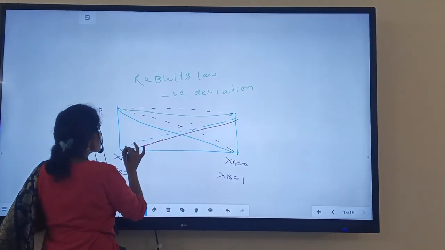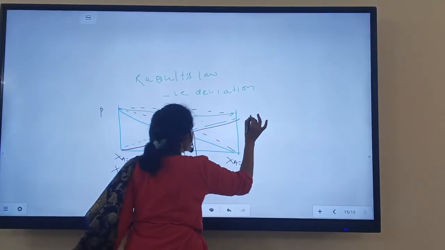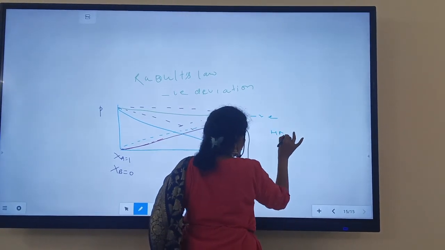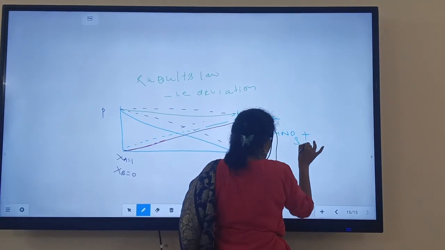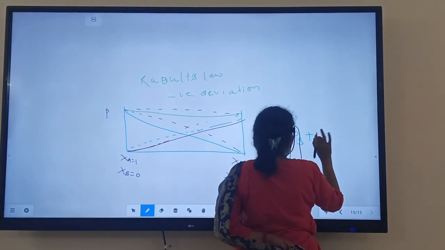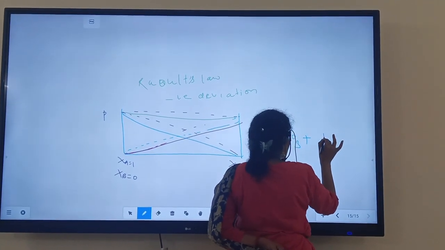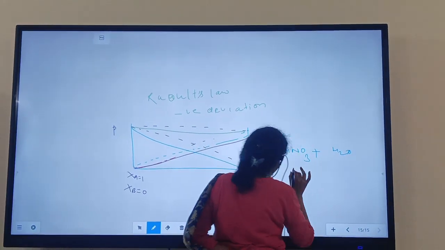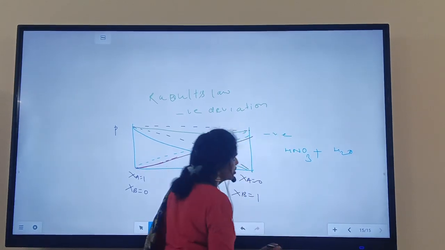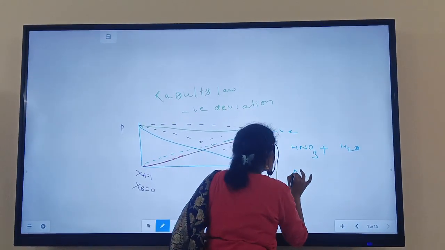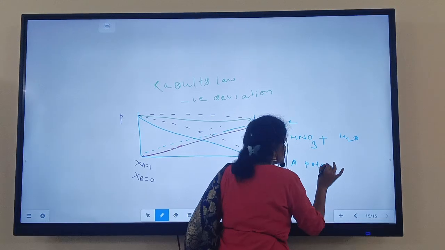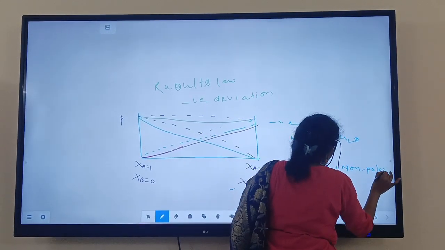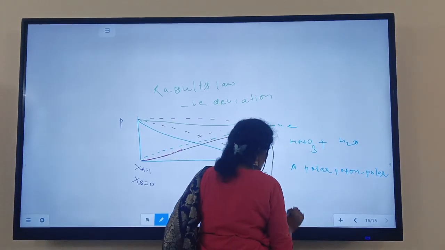From below. Okay, this is for negative deviation. Acid solution with any one form like water. Acid solution, it means it will form polar plus non-polar compounds, which will give the negative deviation.